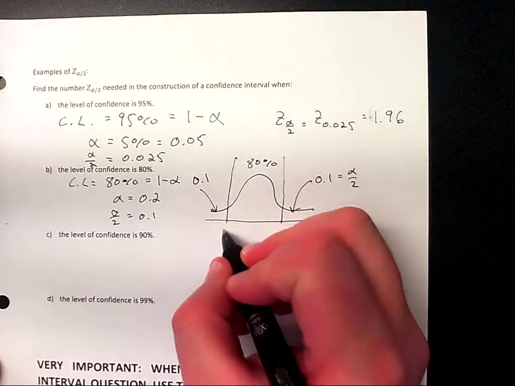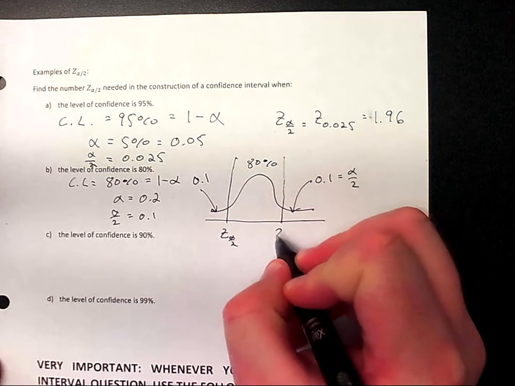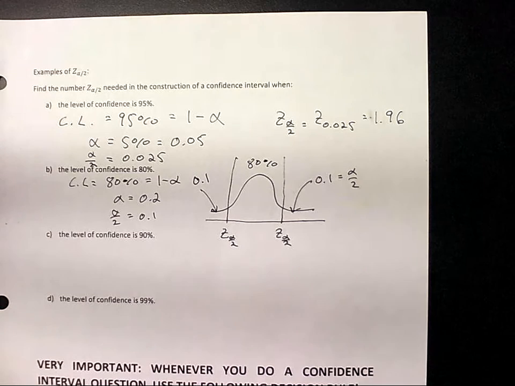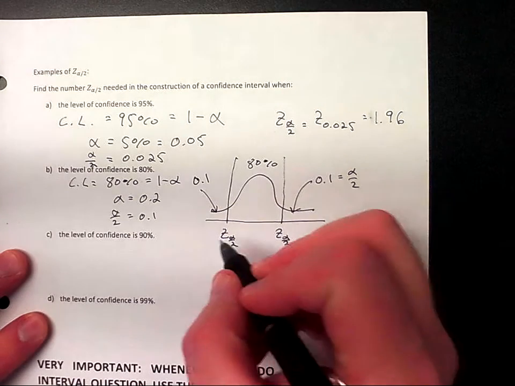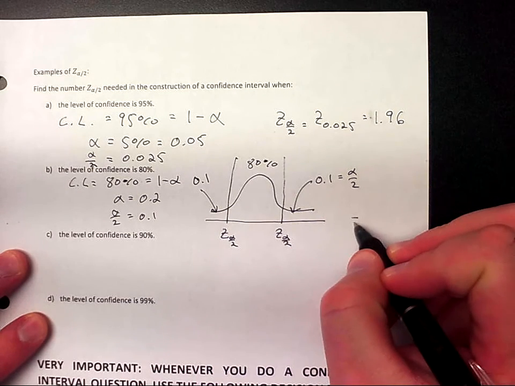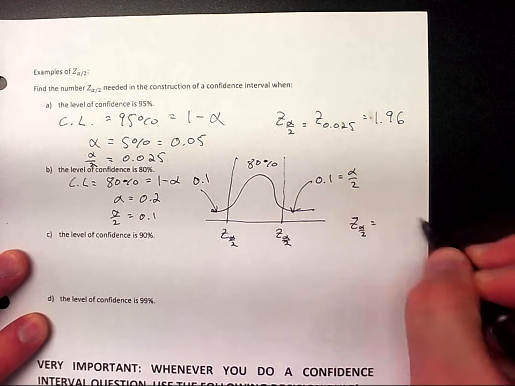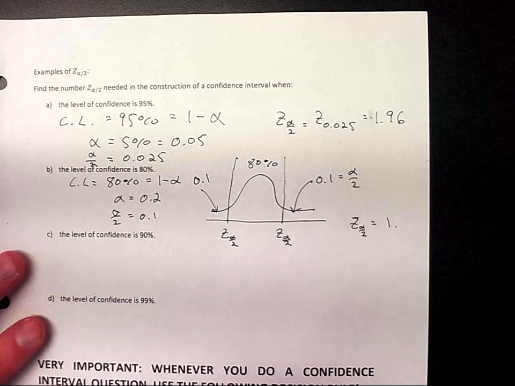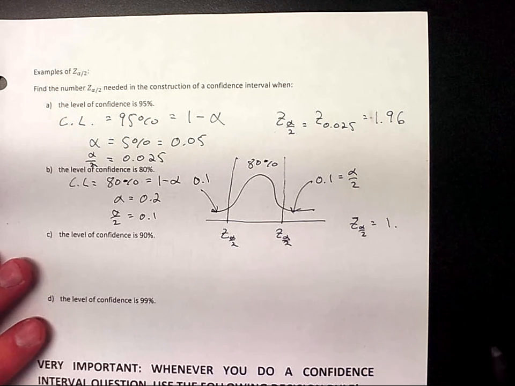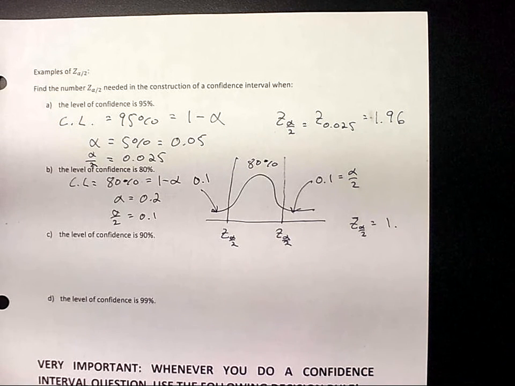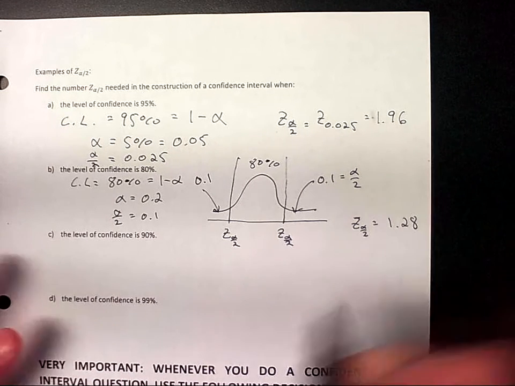Now what we're trying to do is find these z values. So here we're trying to look up these z values right here. And if you look up 10% in your z table, what z value do you get? 1.28.